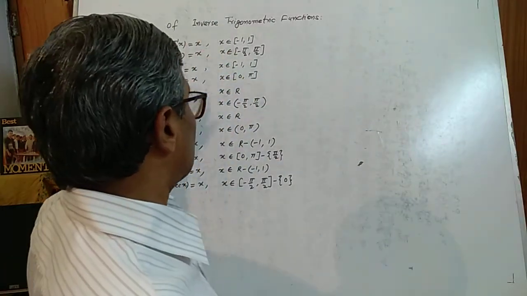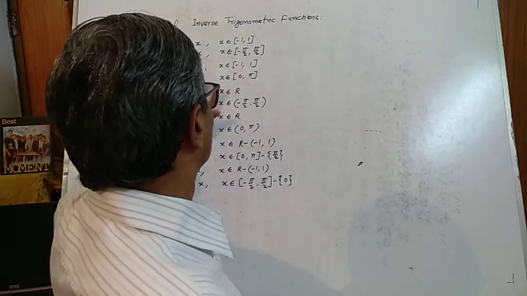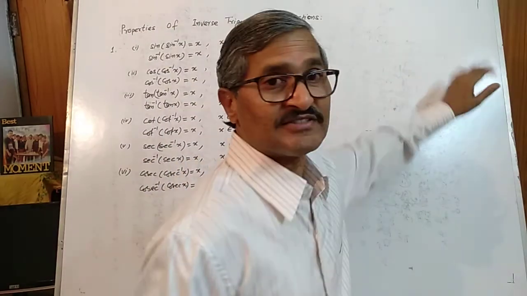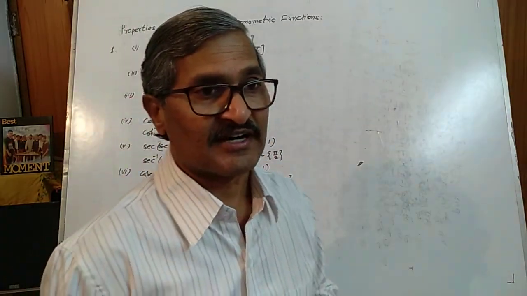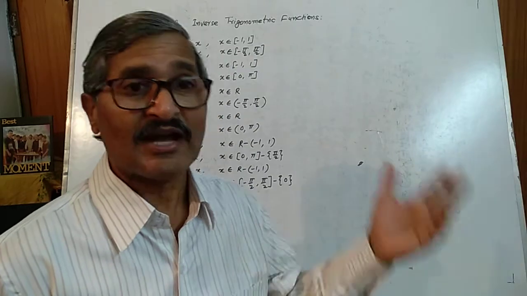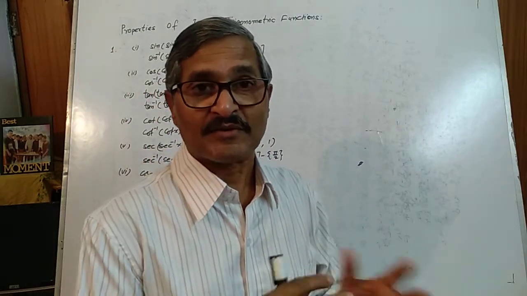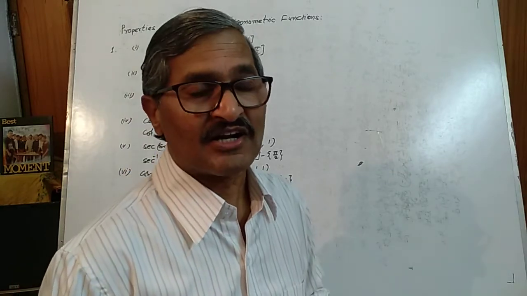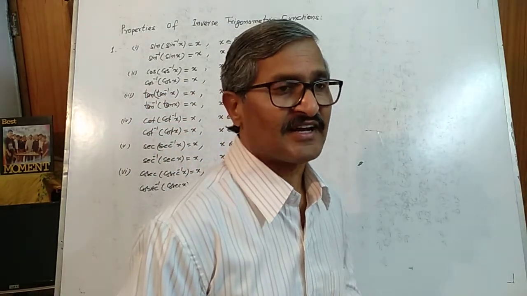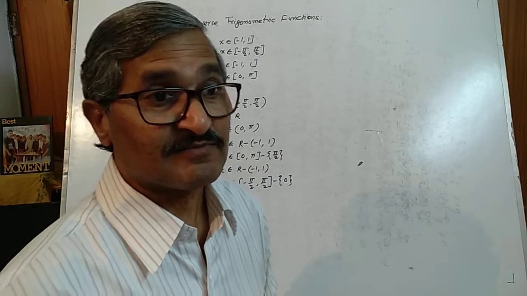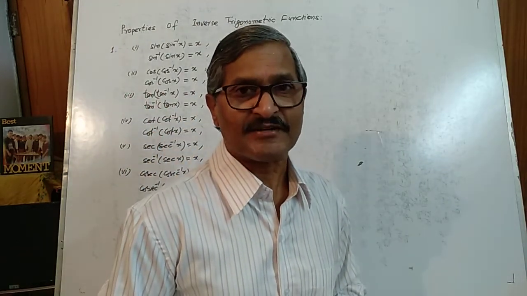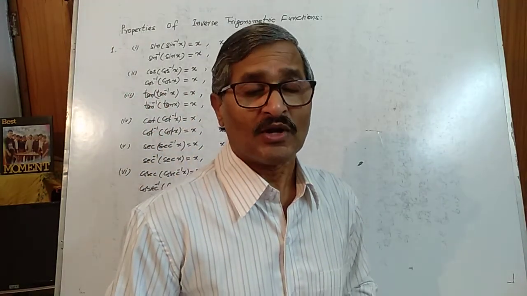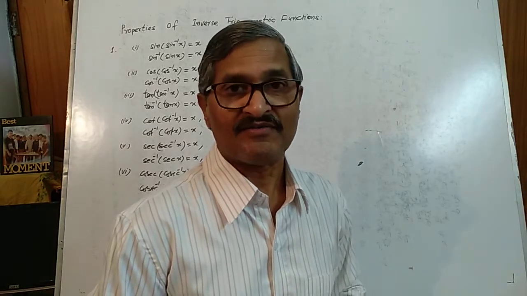Some of the properties I have written here, but before going to this, I am going to discuss how these properties are involving what we have understood in the previous classes. Now we'll recall that I have discussed that if a function is bijective, or one-one and onto, that will be the invertible function.